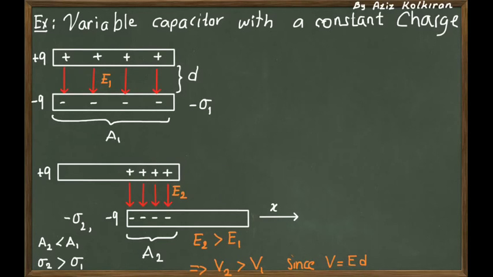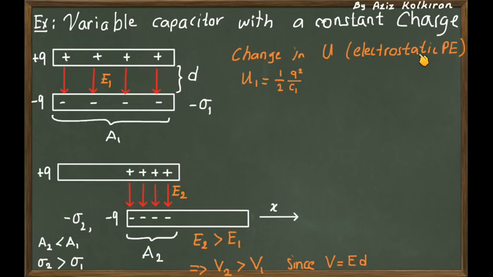Now let's think of how the electrostatic potential energy of the capacitor changes. We know we can express the electrostatic potential energy of a parallel plate capacitor in terms of its charge and the capacitance, and this is 1/2 the total charge on one of the plates, Q squared, divided by the capacitance.